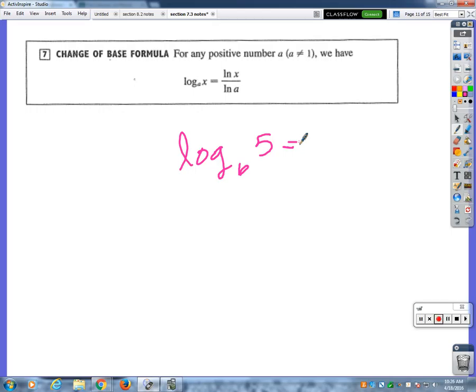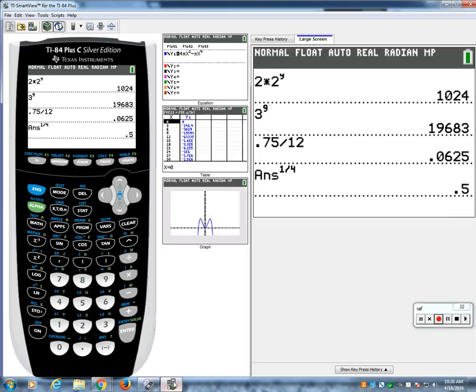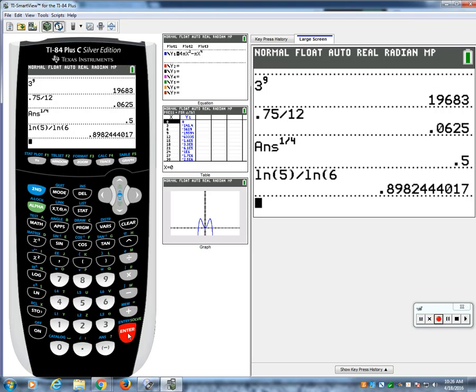I could do a bunch of guess and checking, but that would be really annoying and take forever. So you go, oh, instead, I can change this to the natural log of 5 divided by the natural log of 6, and then I can do that on my calculator. So natural log of 5 divided by the natural log of 6. And then that tells me that it's 0.898.